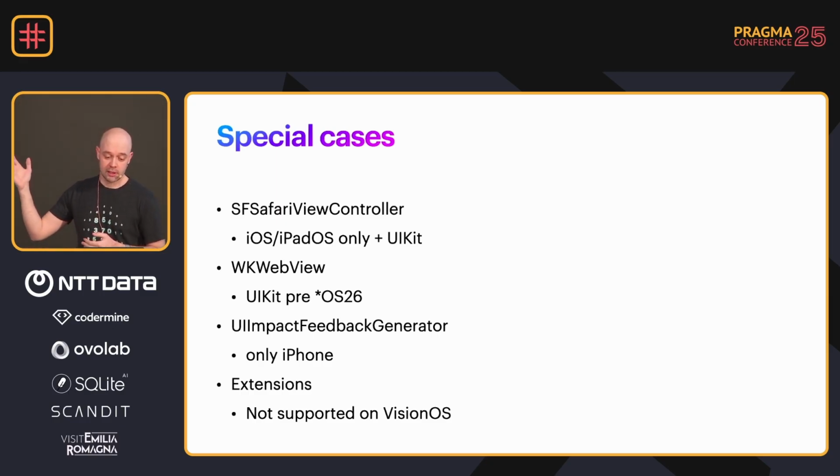Similar for WKWebView. This was only available in UIKit. Now, with OS 26, Apple introduced a great SwiftUI web view, but since I wrote this app last year, it was not available. So I just wrapped it around the UIHostingController. It's fine. It works natively on all the platforms, so I didn't have any issue.